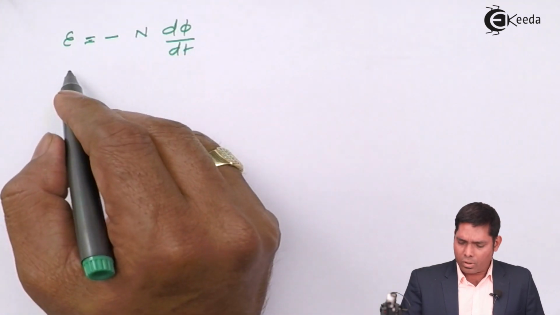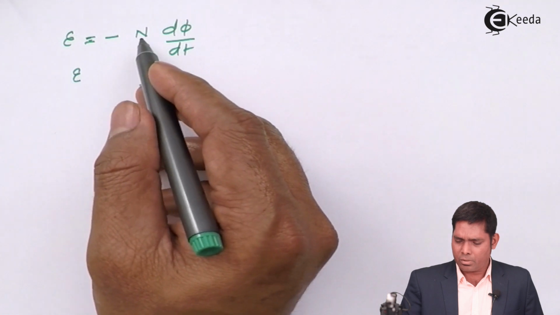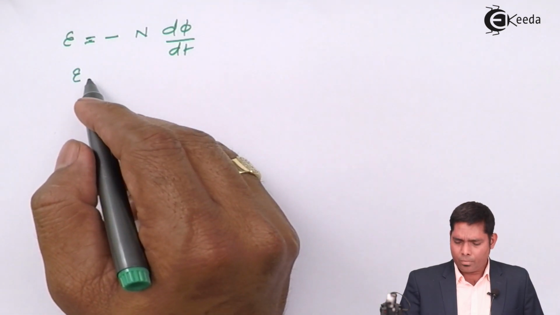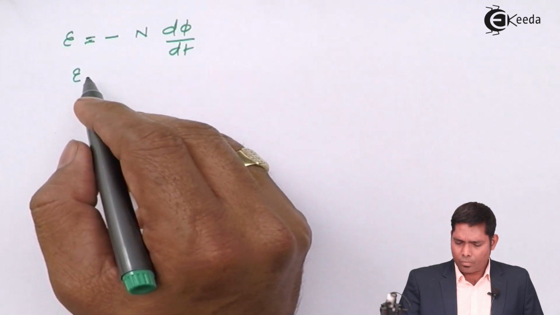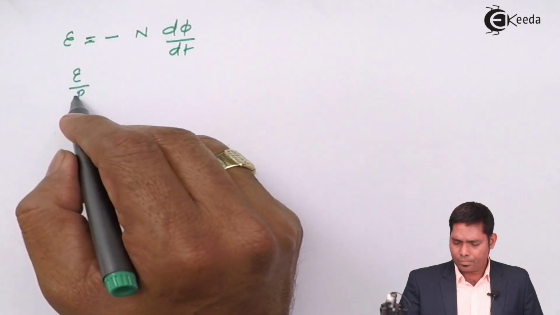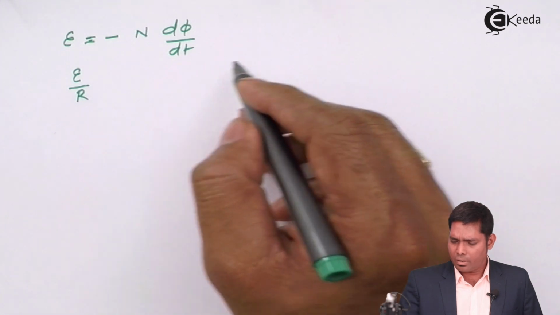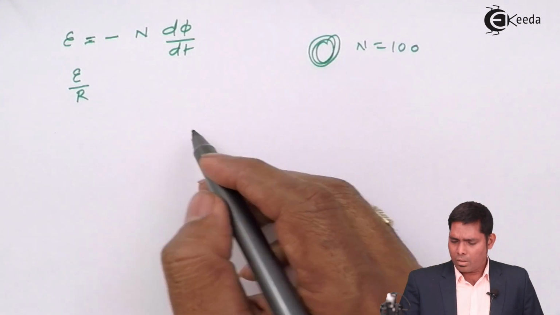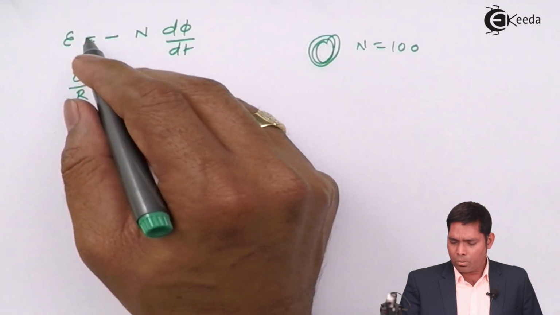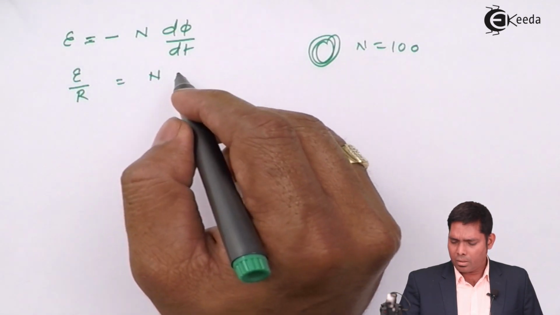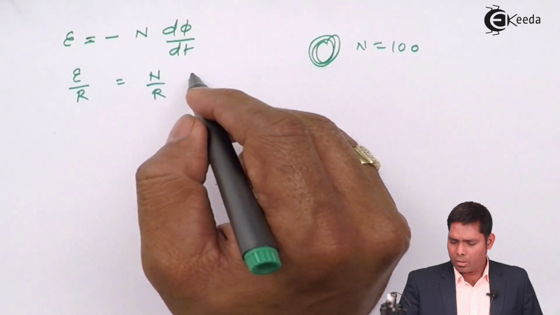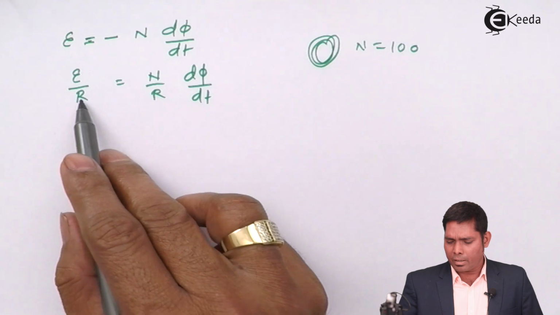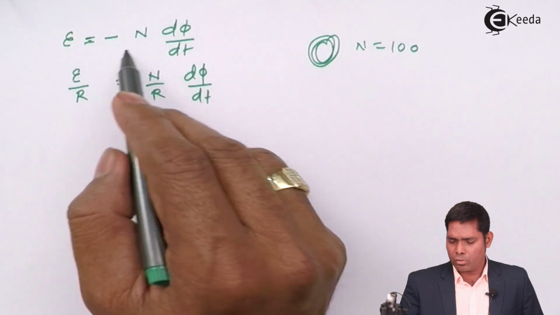If I think of the magnitude part, irrespective of the direction the current will flow, and divide by R, the resistance of the coil having N equals 100 turns, then E over R in magnitude becomes N over R d phi over dt. What I've done is divide by R on both sides and take the magnitude values.